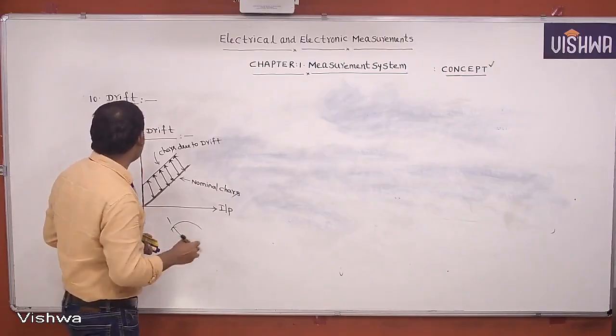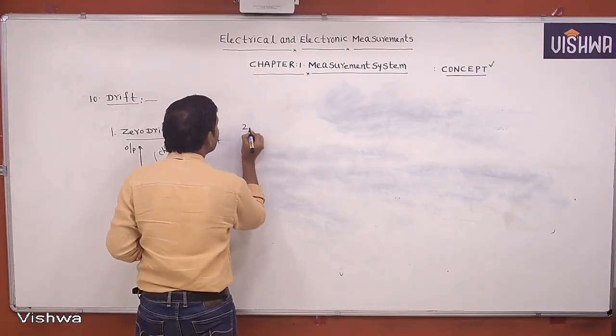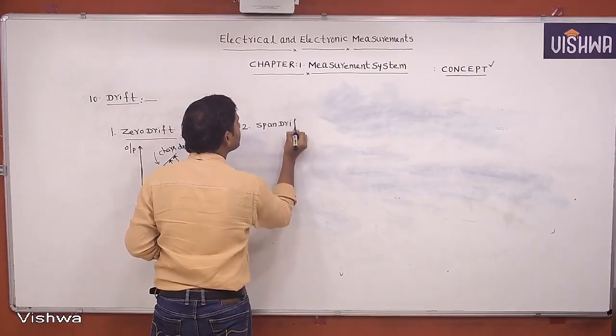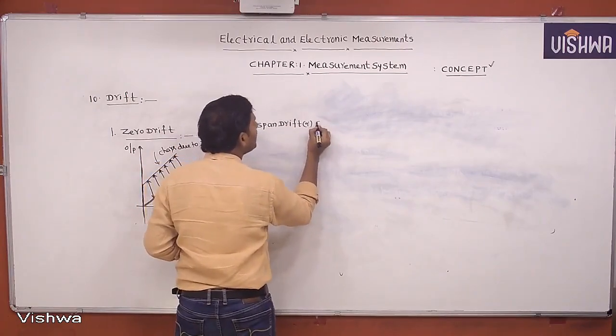Next, another characteristic is span drift or sensitivity drift. How can we get span drift or sensitivity drift?